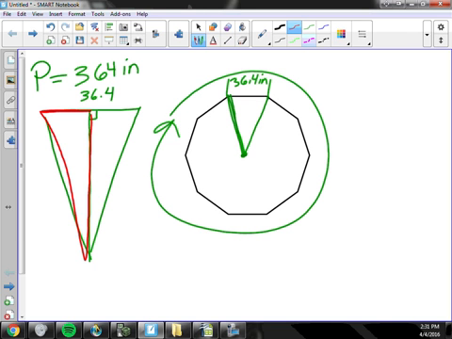So half of 36.4 would be 18.2. Everybody follow me so far? What else do I know about this triangle? One of the angles is 90. Good. Do I know any of the other angles? They do have to add up to be 180. But I need one of them to figure out what the other two are.